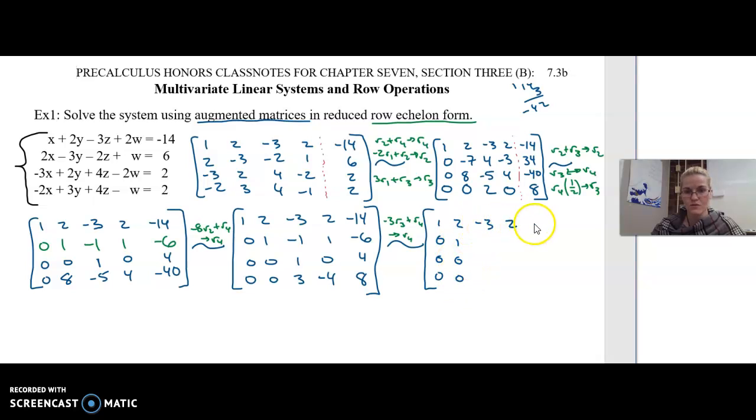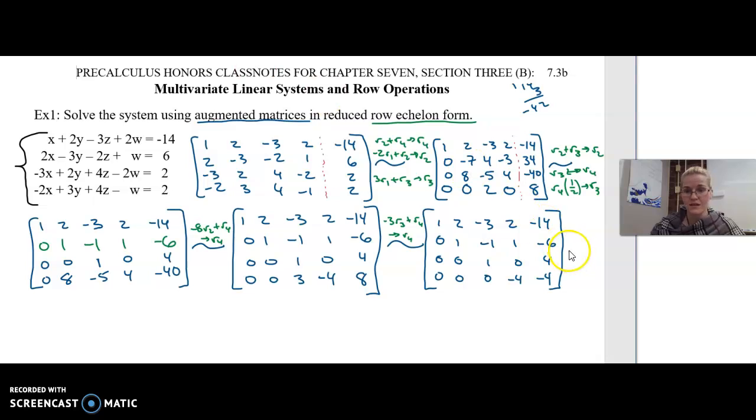Negative 3, 2, negative 14. Negative 1, 1, negative 6. 1, 0, 4. All right, so multiplying this row by negative 3. So negative 3 plus 3 is 0. Negative 3 and 0 is still 0, plus negative 4 is still negative 4. Negative 3 times 4 is negative 12. Negative 12 and 8 is a negative 4. Ooh, so what does that tell us z is going to equal?